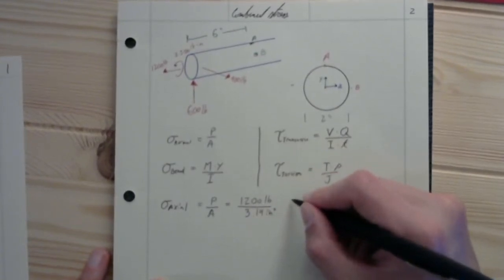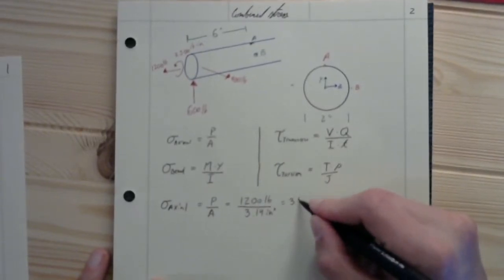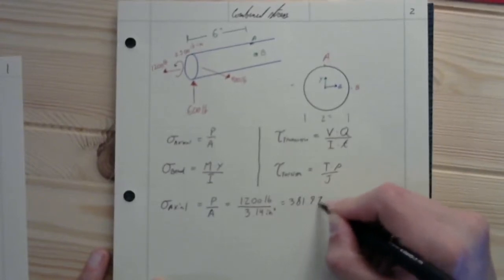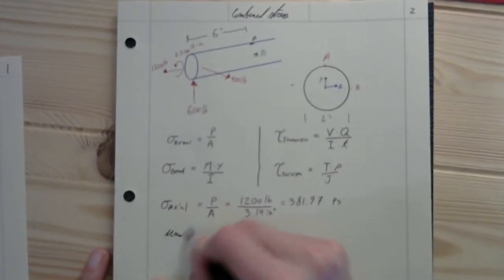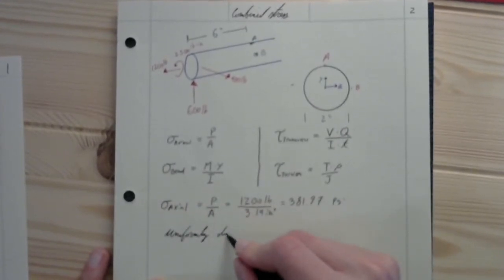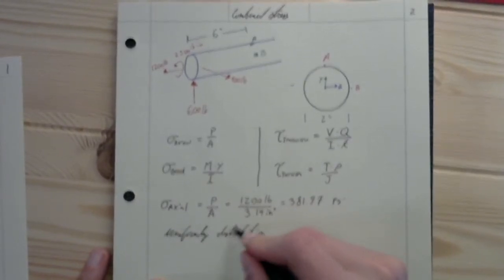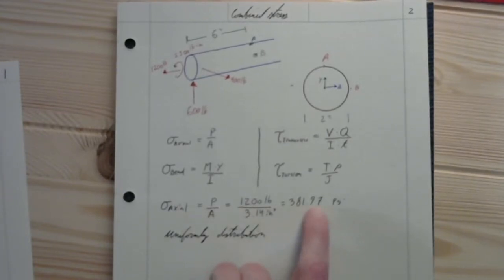That's going to give us 381.97 psi, and that is going to be uniform in its distribution. So we don't have to worry about where something is in order to just pop that in for the stress. You see, it's a constant. There are no values that we've left unfigured out for this one.